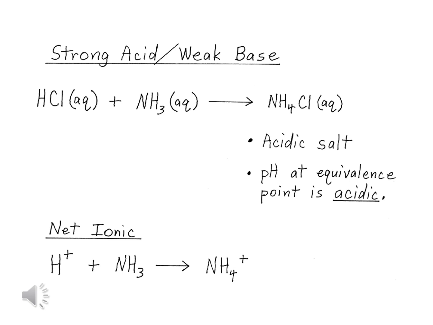If you want to titrate ammonia with a strong acid, the ammonia is going to start out at a basic pH and go down as you add HCl. The thing is, the equivalence point is going to be at an acidic pH because NH4Cl is an acidic salt.